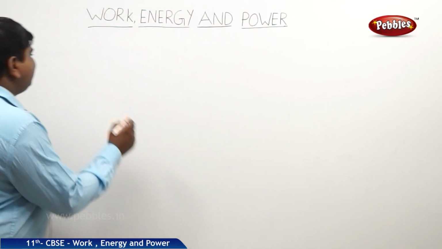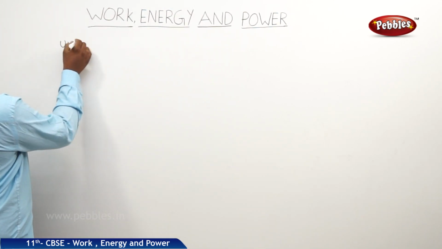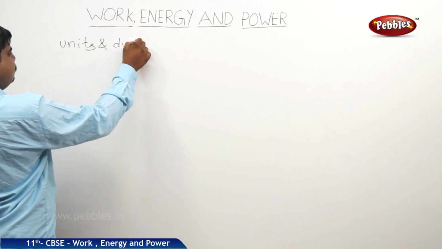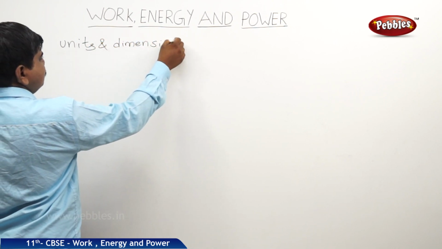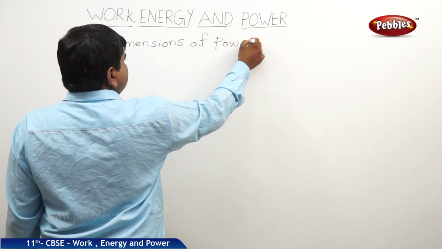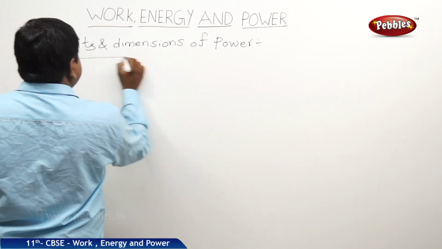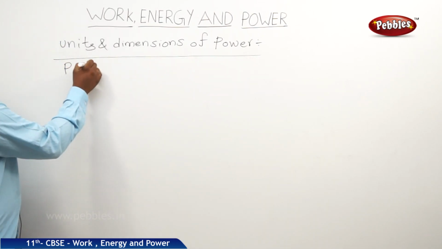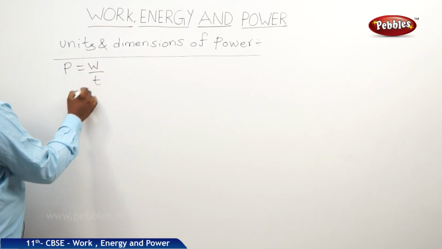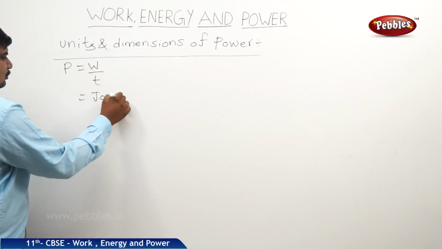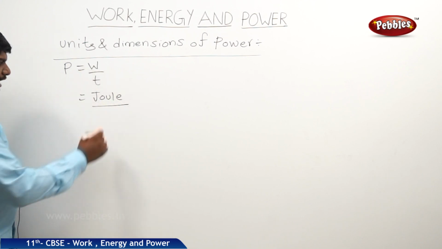Now the units and dimensions of power. Power is equal to W by T, where the unit of work done is joule, where the unit of time is second.